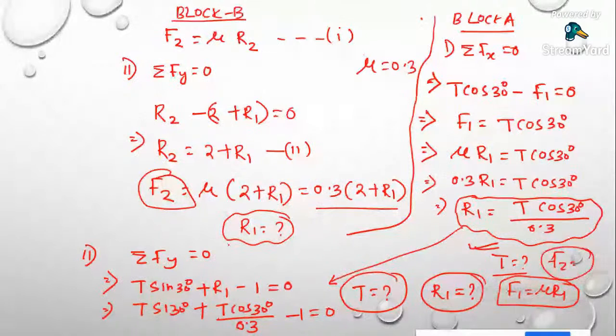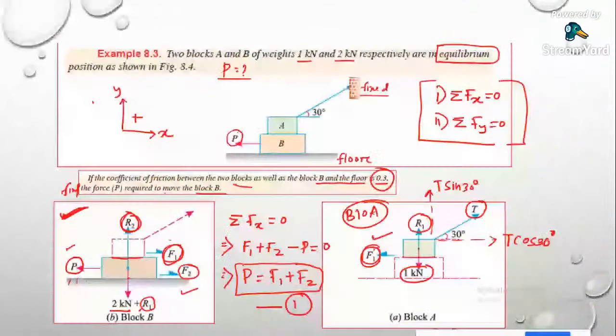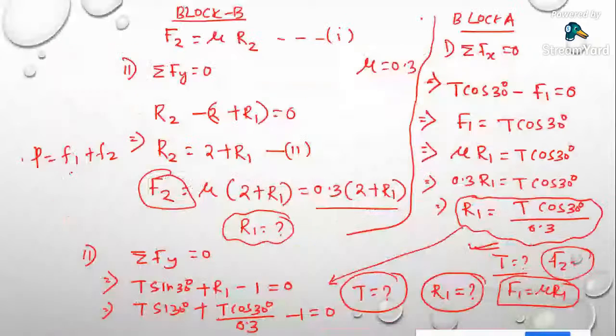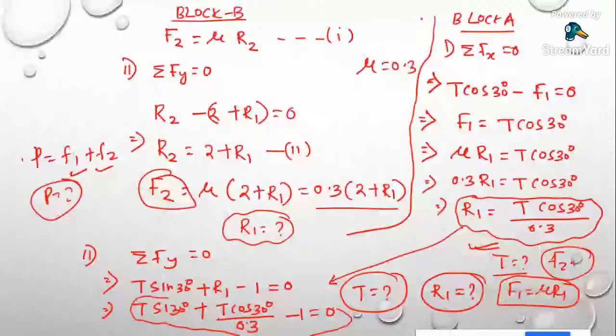Finally, we know P will be equal to F1 plus F2. That is, the net force will be equal to the friction forces F1 plus F2. So F1 you know, F2 you know, so P you can find out. From this equation, you just find out the tension developed in the string, the T value.